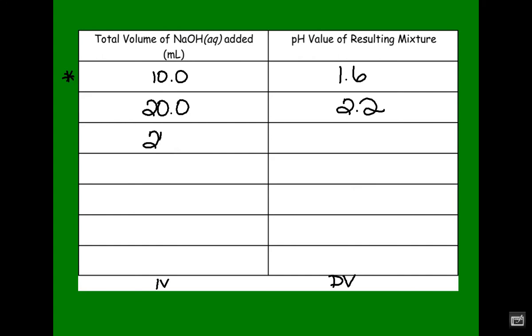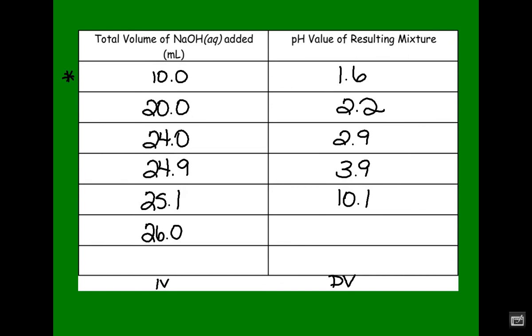Next we have 24, and the pH value there is 2.9. Next highest goes to 24.9, and my pH value jumps to 3.9. 25.1 is the next highest, and 10.1 is its pH. 26.0 comes next, and we have a pH of 11.8.